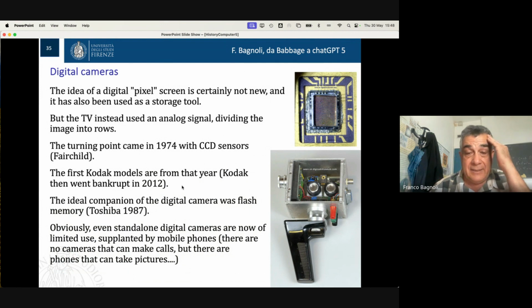But actually, what happened is that people use the digital technology to take photographs, but never print them, or very rarely print them. And finally, digital cameras also lasted a limited amount of time, soon replaced by mobile phones. So essentially, you have no camera that can make a phone call, but you have phones that can take a picture.